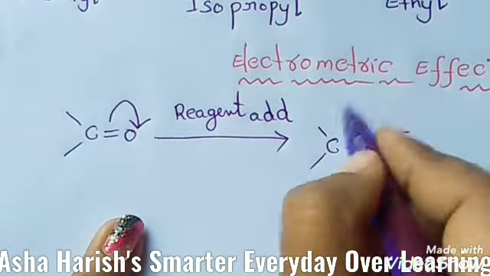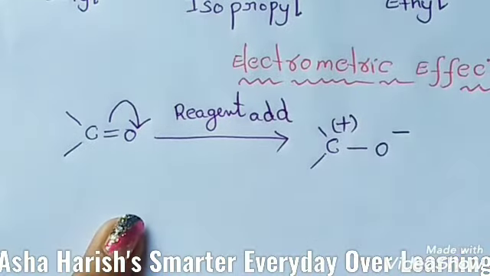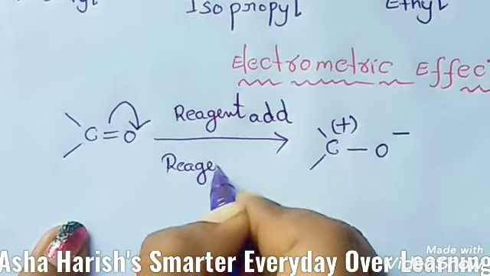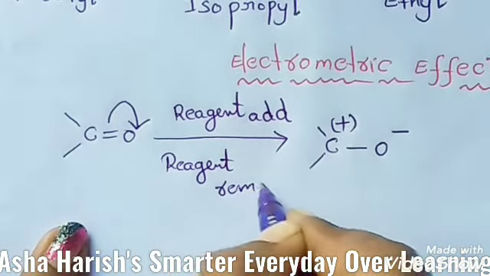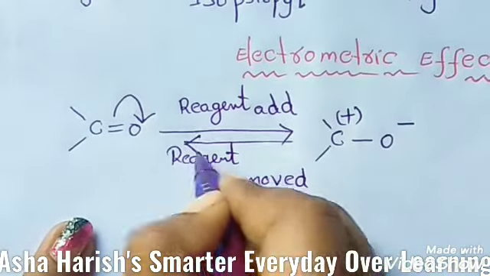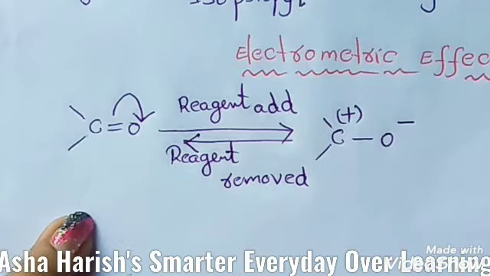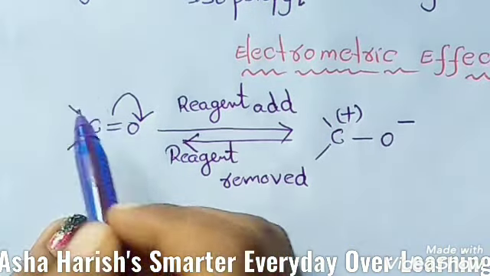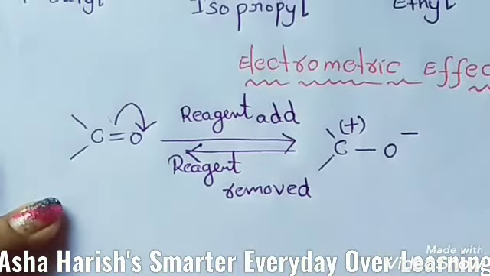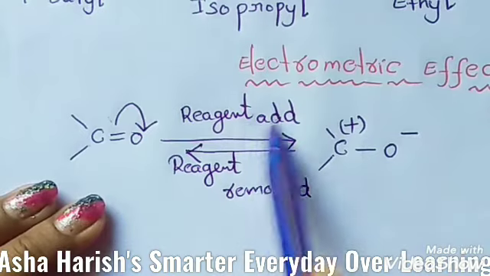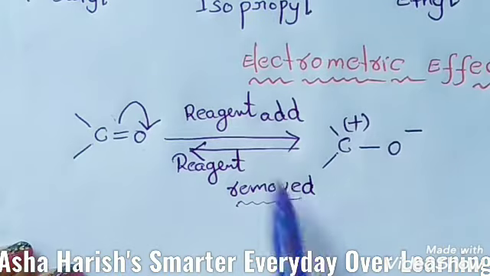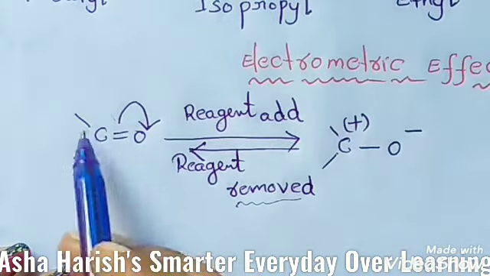Here an electronegative ion should be formed, here an electropositive ion should be formed. So if you remove that reagent, then students, what will happen? This reaction is reversible. Okay, again you should get this type of organic molecule what you have taken initially. This effect is temporary and takes place only in the presence of a reagent. As soon as the reagent is removed, the molecule reverts back to its original position.